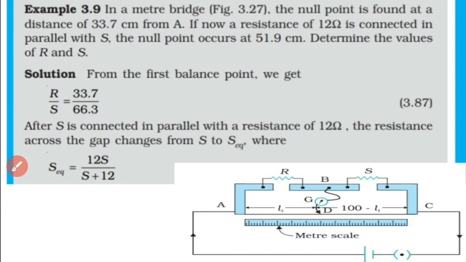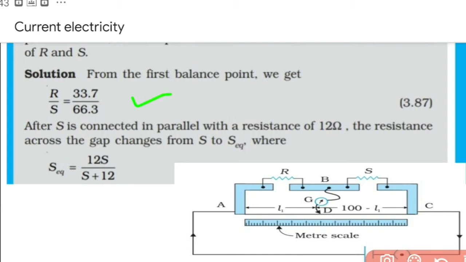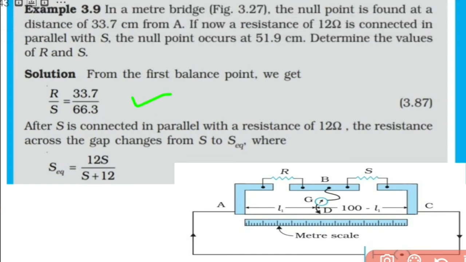To find two unknowns, the minimum number of equations required is 2. So we should think about how to get the two equations. The first equation we already got, that is R by S is equal to 33.7 by 66.3.